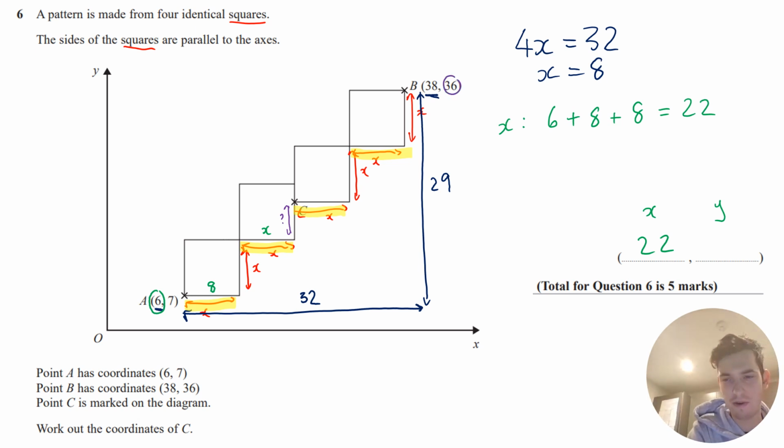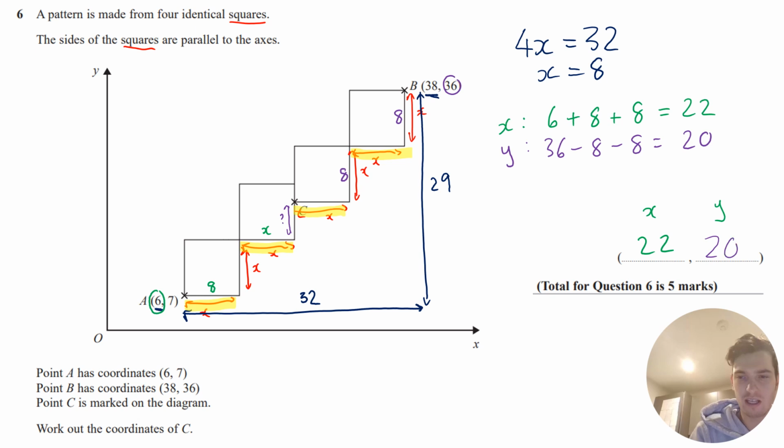So if I look at my 36, I go down 8, and I go down another 8, and I get to my point there. So for my y coordinate, start off with my 36, minus 8, which gives me 20. So my y coordinate is 20. Okay, let's move on to the next question.